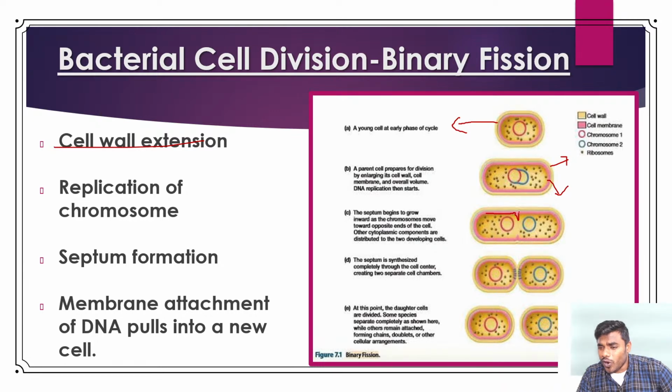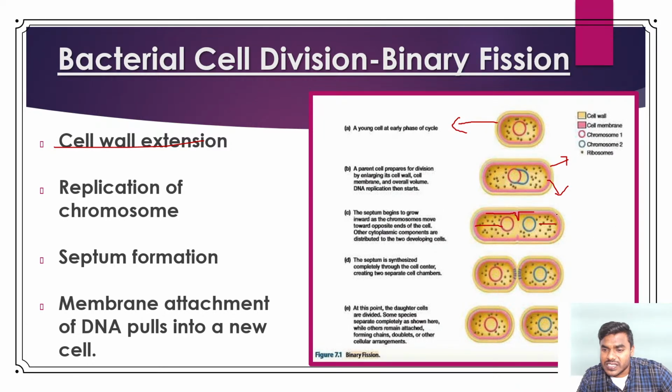Okay, now what is the statement that I want you to remember for the exam? Listen to the statements carefully. The septum formation is giving an indication that the chromosomes are moving towards the opposite ends of the pole. Once again, listen very carefully.